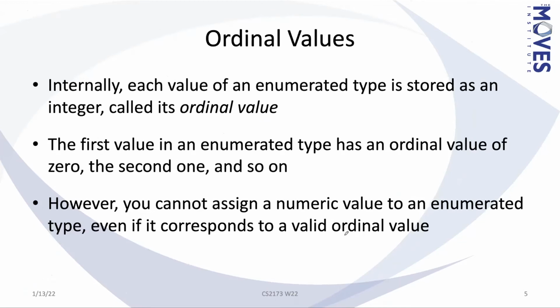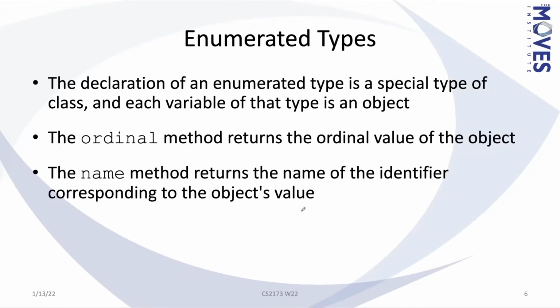Now, one of the things that can be useful is to find out what its ordinal value is. What is that? That's simply an integer, and this is a callback to the original use of these as integers. So we can figure out which ordinal they are.